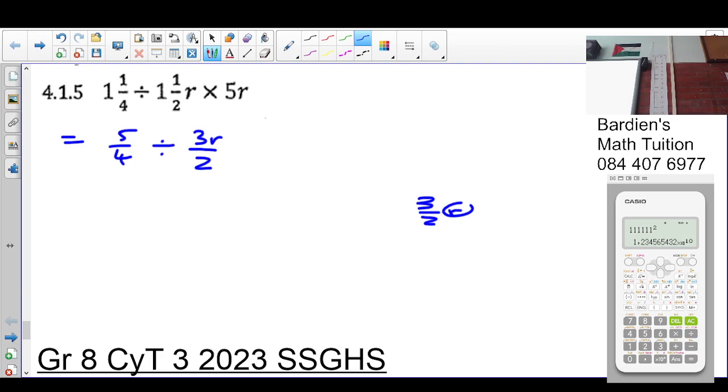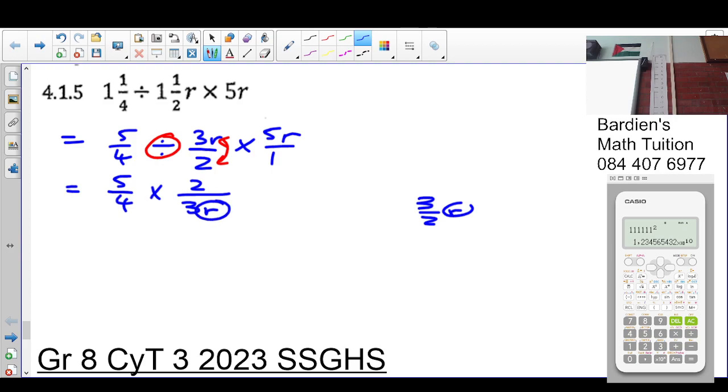So you're going to change to multiplication and we're going to tumble, then times. Do not do that first. First tumble, then times. So it's 5 over 4 multiplied by 2 over 3R.